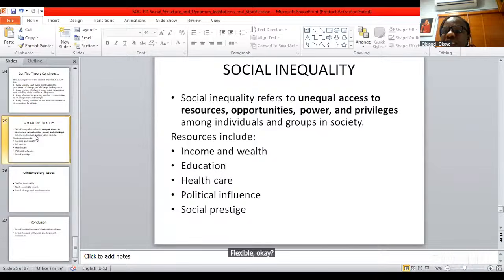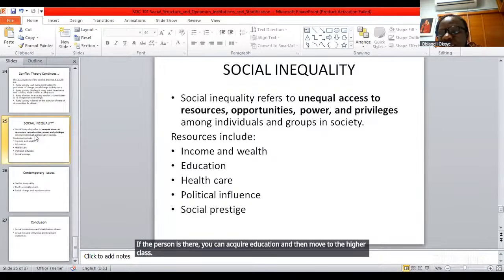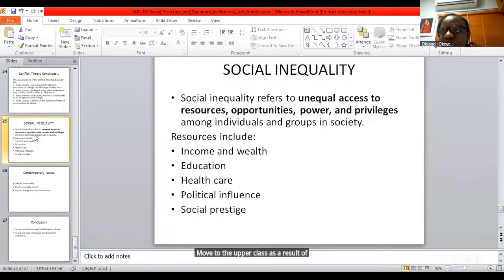But in the class system, mobility is flexible. Assuming somebody is born into a poor family in the class system, if the person can acquire education and move to the upper class as a result of his education, he can really become rich, and he will not be in the lower class again. But in the caste system, once an individual is born within a caste, he cannot move. If he's a Brahmin, he remains there no matter what.